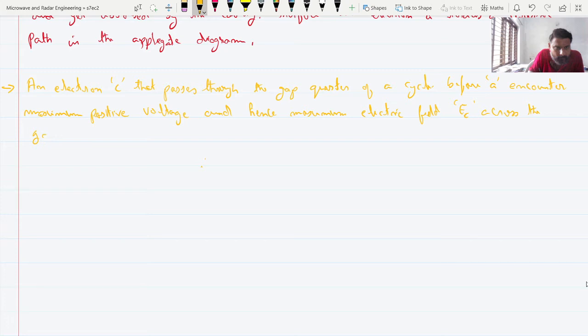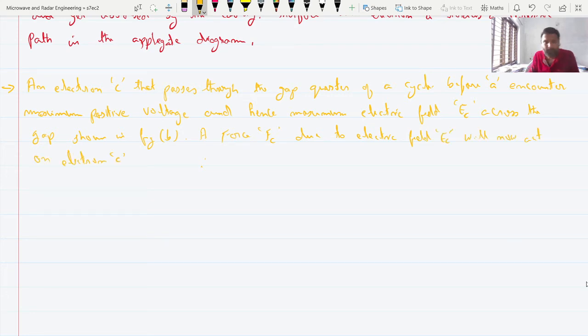Because of that, a force AC will now act on electron C in the same direction as its motion, and it is accelerated.